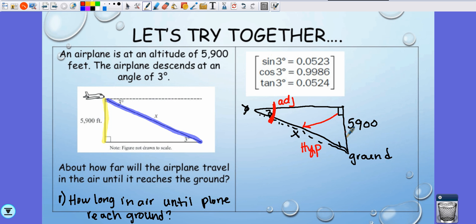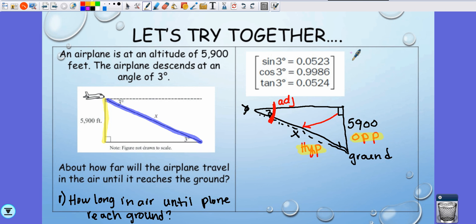And the side you can't touch, which is way over here, is going to be the opposite. So this question is asking us to find the hypotenuse. The side I'm looking for is the hypotenuse, and the side I'm given is called the opposite.